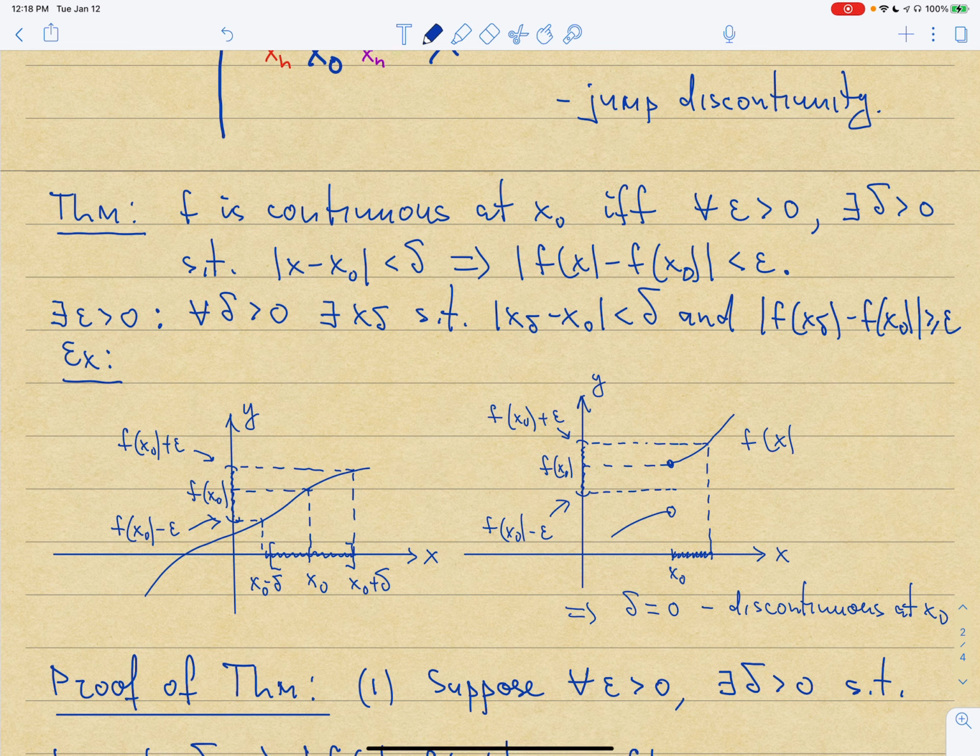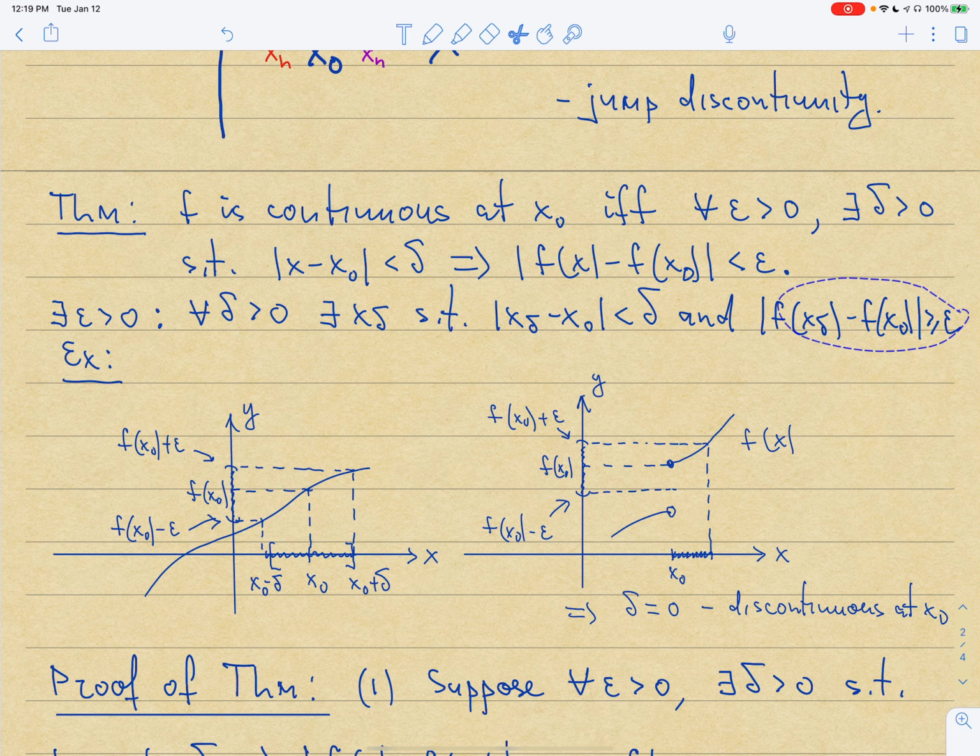So again, the opposite to saying for all deltas means that there exists a delta such that there doesn't exist a delta greater than zero such that my conclusion is true. So therefore, that means that for any delta, there exists an x delta such that whenever this thing holds, this doesn't.